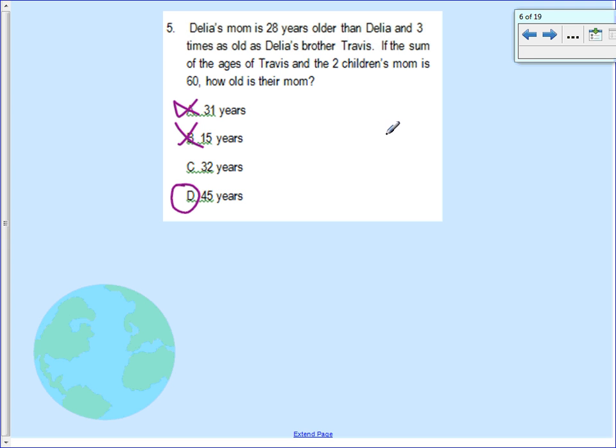What I did was, when I was reading through it, I was putting like what plus what equals what. So you wrote an equation. The mom's age equals Delia's plus 28, and then I put M equals 3 Travis, and then mom plus Travis equals 60.